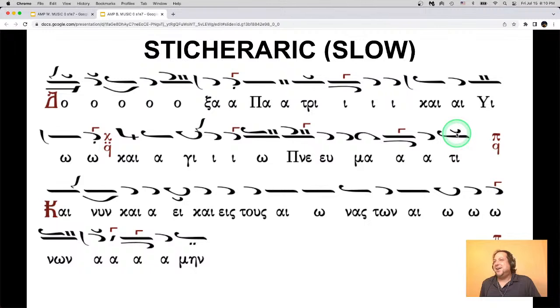And you might notice that this can be pneumati. That's an example of ornamentation. We'll get into it later.